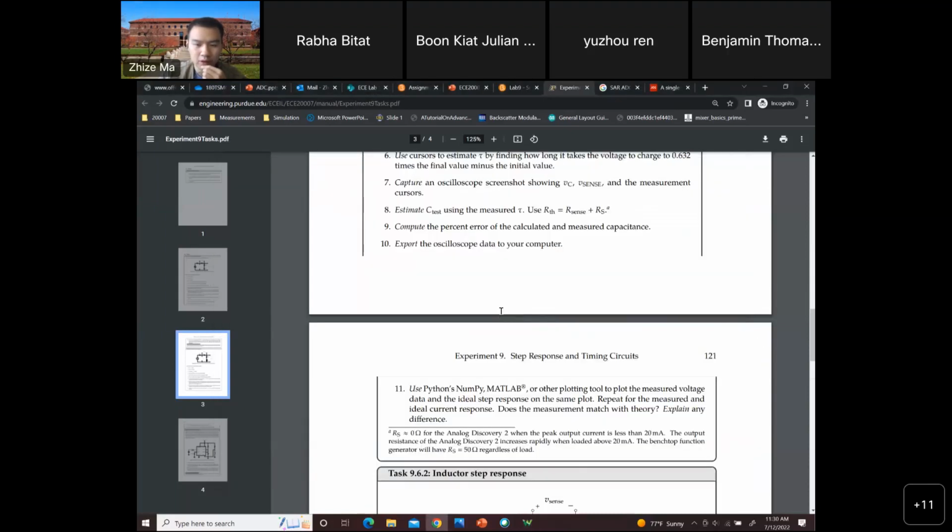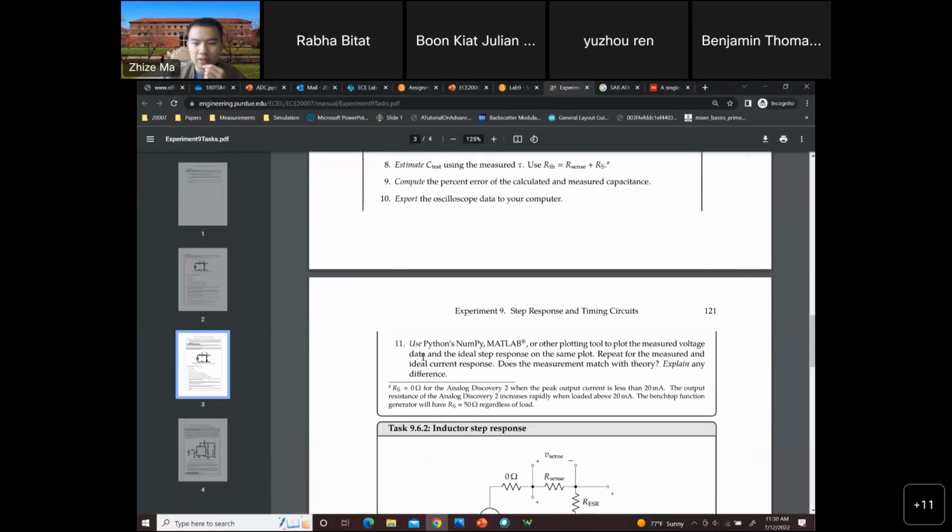Then you can plot the waveform. Step 11 asks you to plot the ideal step response and also the measured voltage data. You can use the equation in the lab manual to plot the ideal step response. It may look something like this.